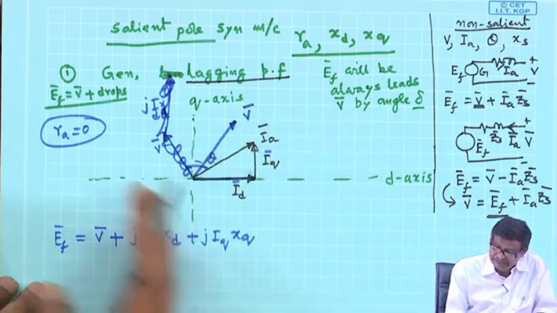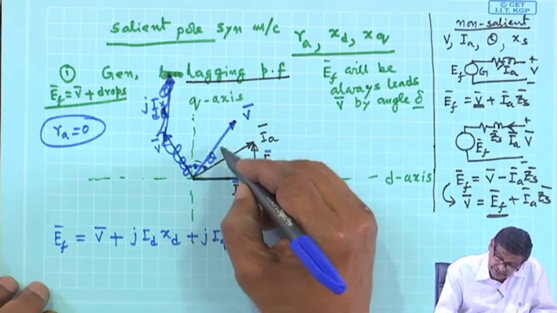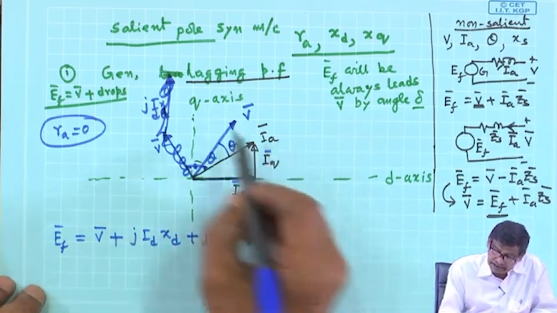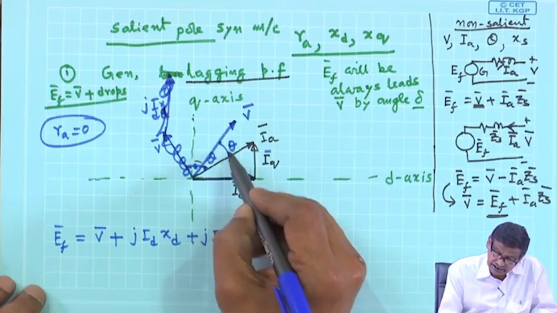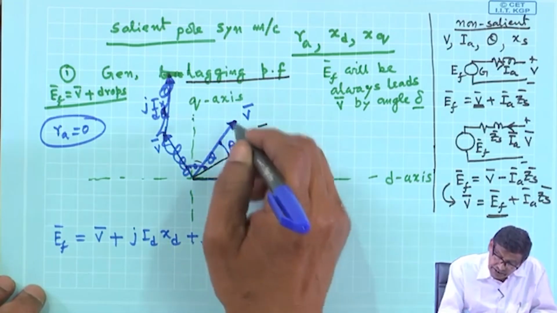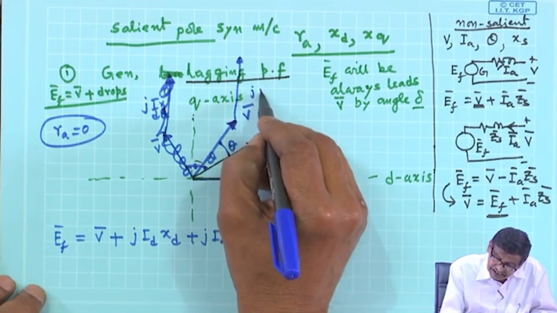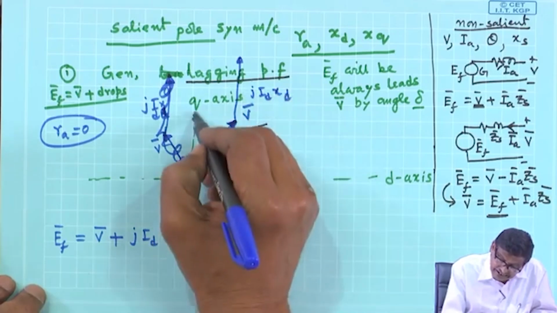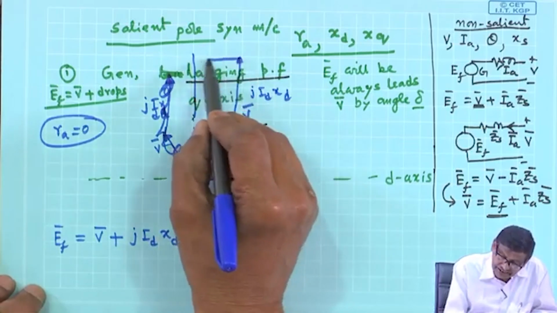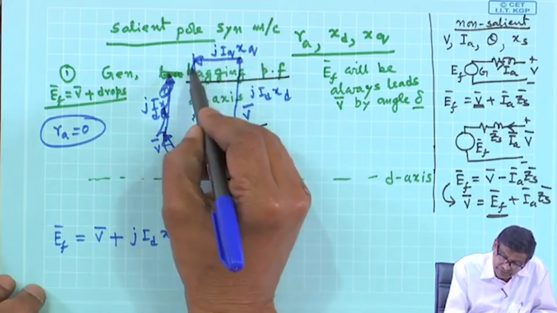This is V, because it cannot go 90 degree, and this is theta. Therefore, armature current lagging power factor I have taken, by whatever angle it lags, I draw V here. Then to V I will add j ID XD, it is here, and I know Ef will lie here, and you see Iq is such that this is j Iq Xq, and this will be your Ef.